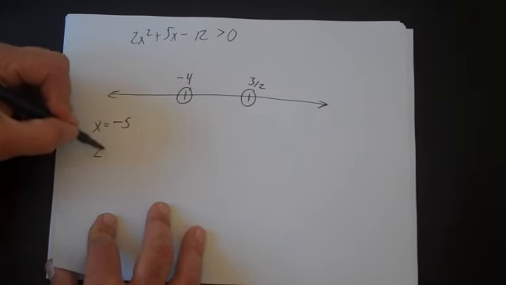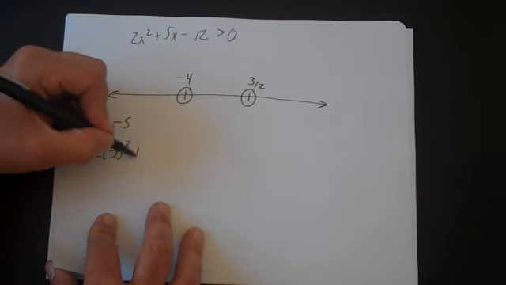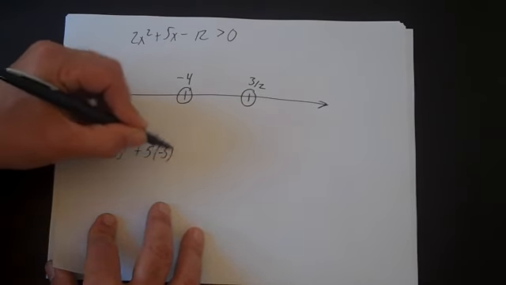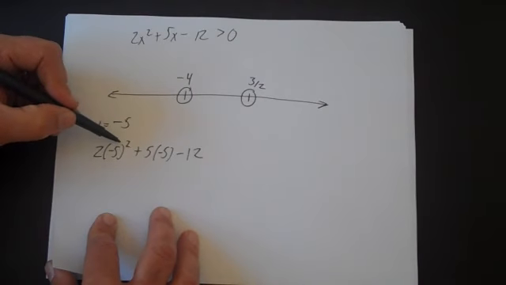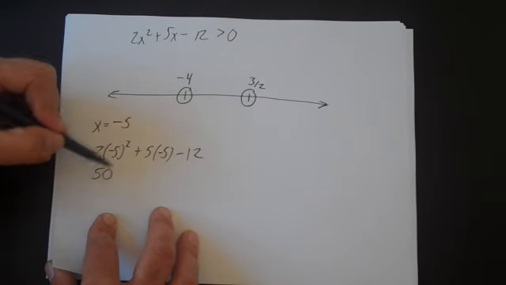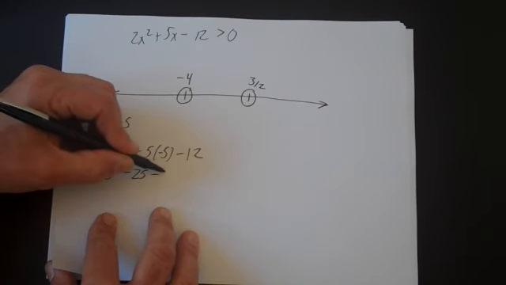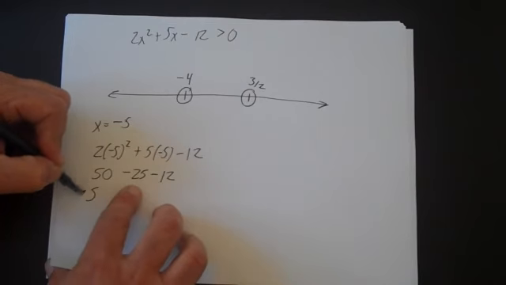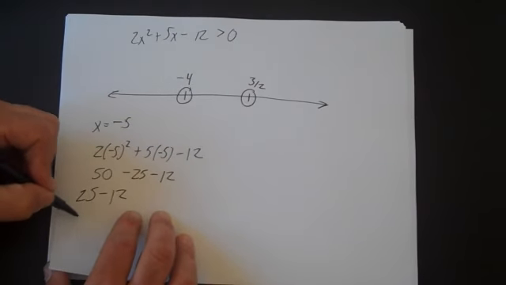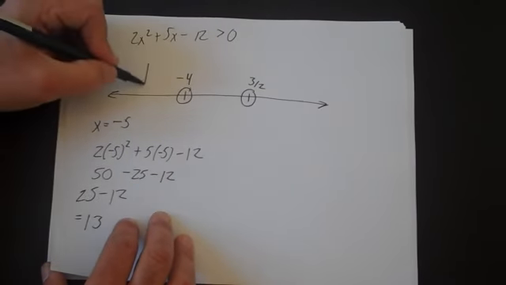So that's 2 times minus 5 squared plus 5 times minus 5 minus 12. Minus 5 squared is a positive 25, so that's 50, minus 25, minus 12. That's 50 minus 25 is 25, minus 12 is 13, so this is going to be positive here.